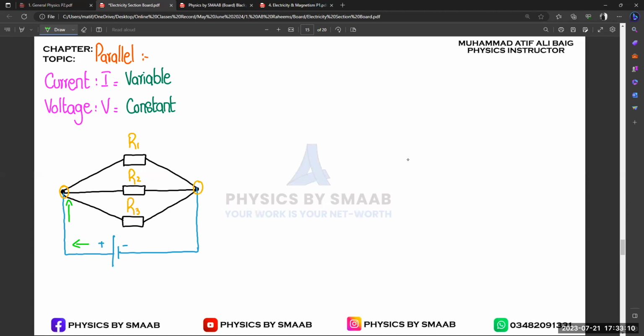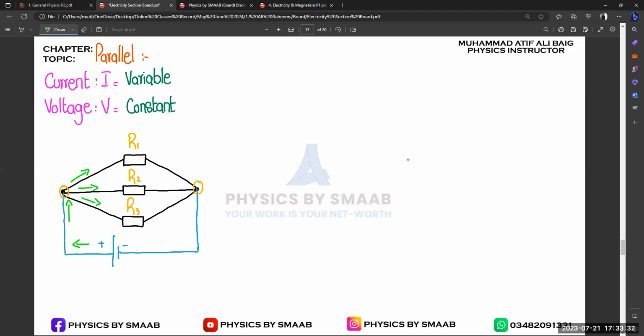When current starts to flow from this junction, it will divide into three paths, right? Because current moves in the circuit at the same time, it will not move one after another, first through R1, then R2, then R3. Charges will move throughout the circuit at the same time, right?